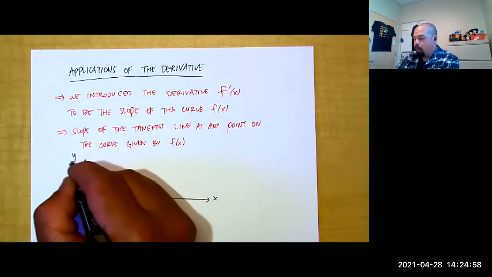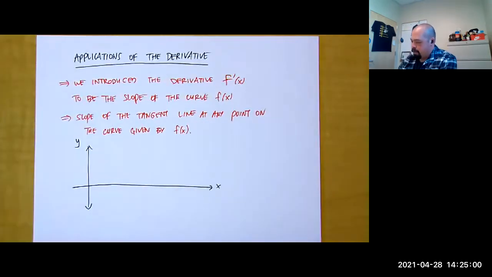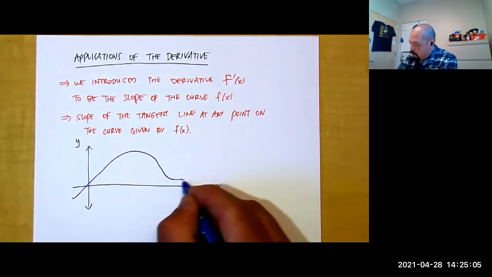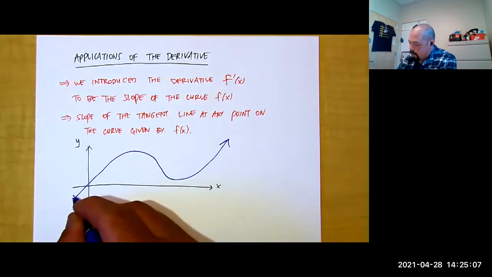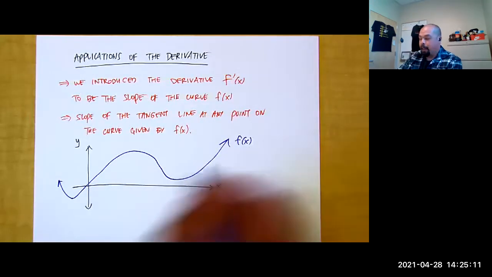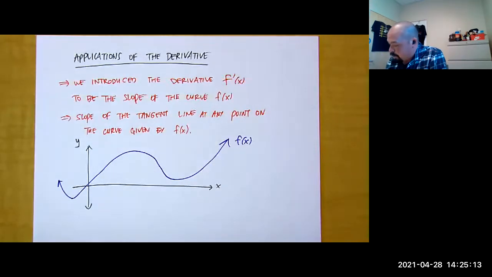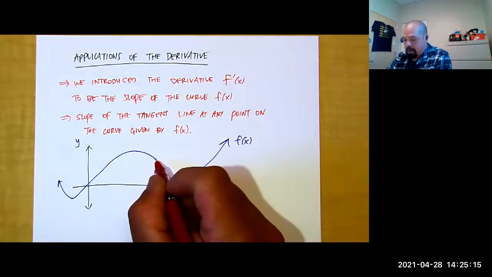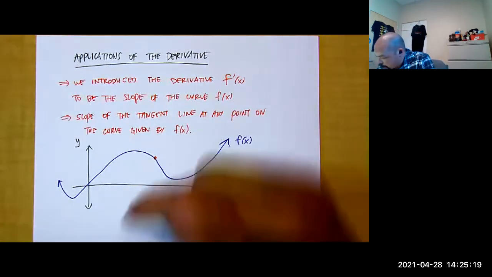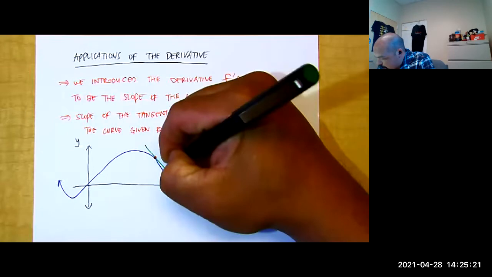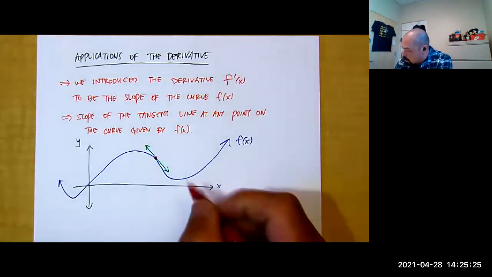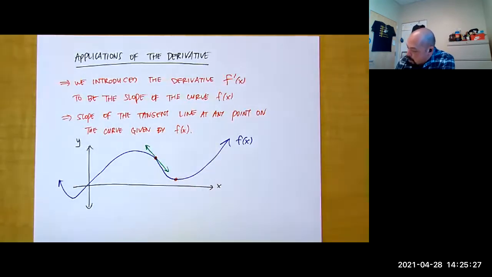Depending on our function, of course, we could have something like that. There's our function. And for any point we choose, we can imagine having a tangent line anywhere along that curve.